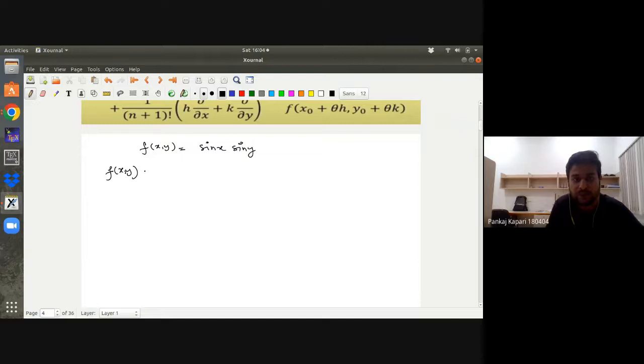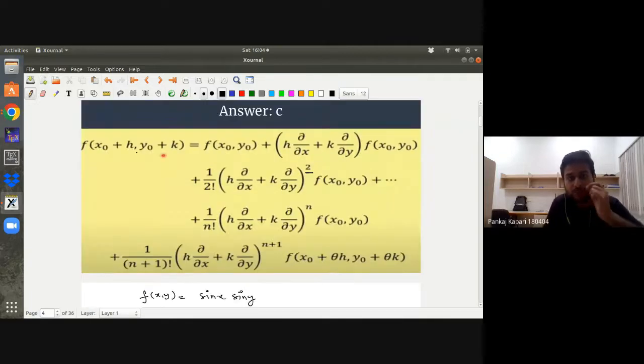That means if you use Taylor's theorem, just put x naught equal to 0 and y naught equal to 0. This becomes your h, this becomes your x in place of x naught plus h, and this is y.